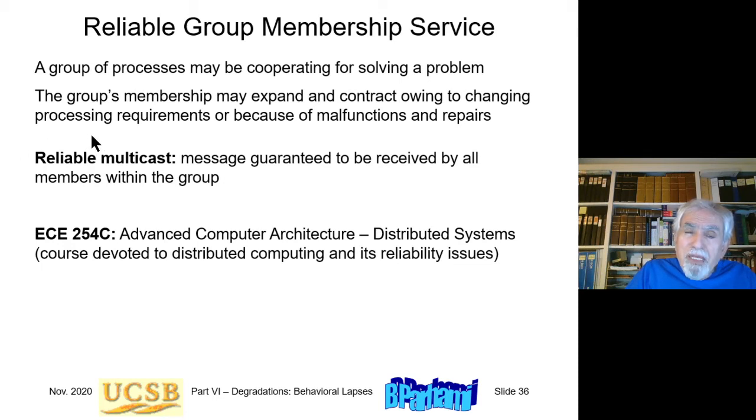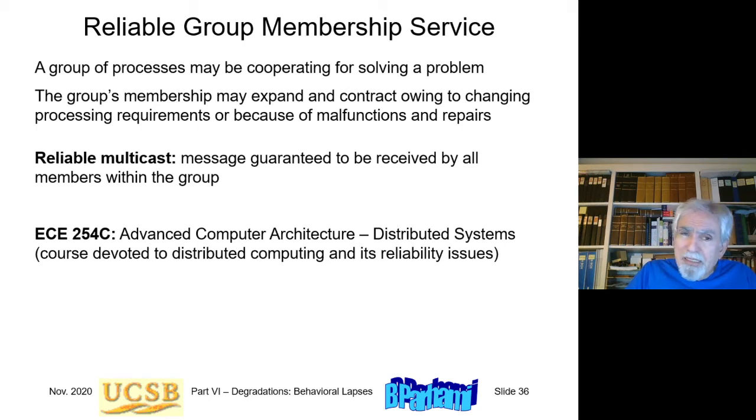One of the services that we need in a distributed system is a group membership service or protocol. In a distributed system, we often form groups. Let's say site A, site B, site C form a group to collaborate on executing a particular transaction, and that group may be dissolved later, or it may change membership.